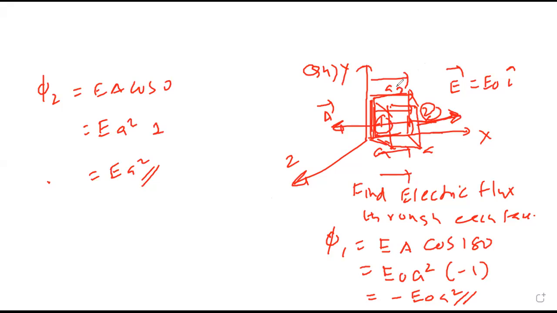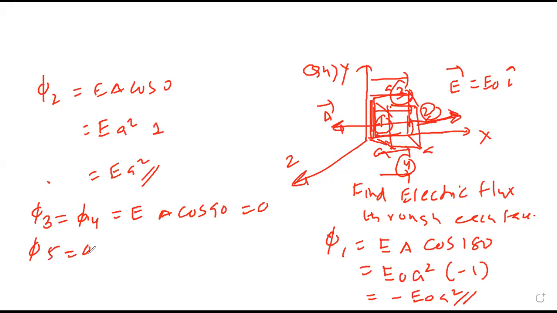Then if I consider the top as third and the bottom as fourth, the area vector and E are perpendicular. So phi 3 is equal to phi 4, which is E into area into cos 90, that is 0. And fifth and sixth also have area vector along Z. Z and X are also perpendicular, so E A cos 90 is also 0.